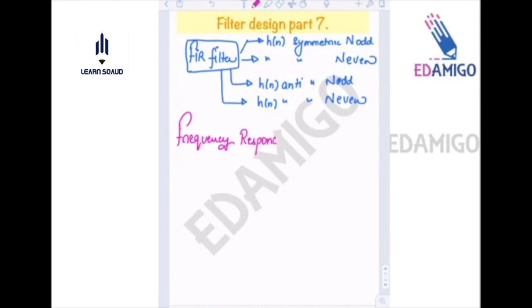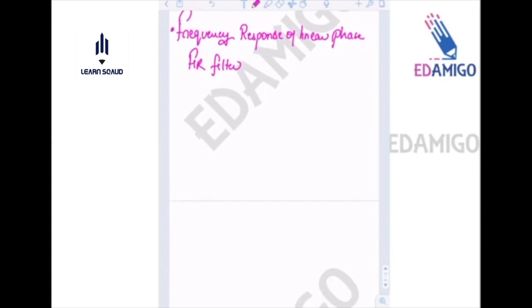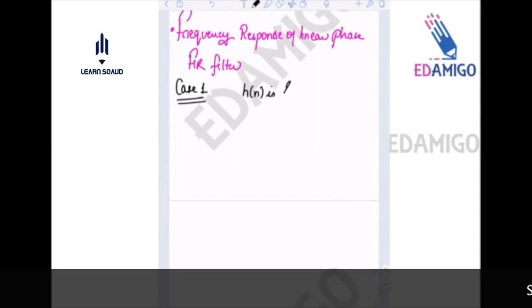Frequency response of the linear phase FIR filter. So let us take case 1. Case 1 is Hn is symmetric and N is odd. So the best way to solve such a question is to take an example.